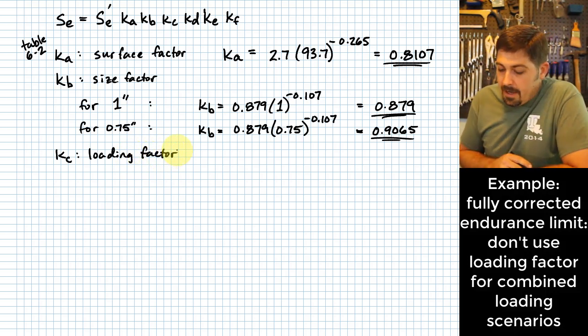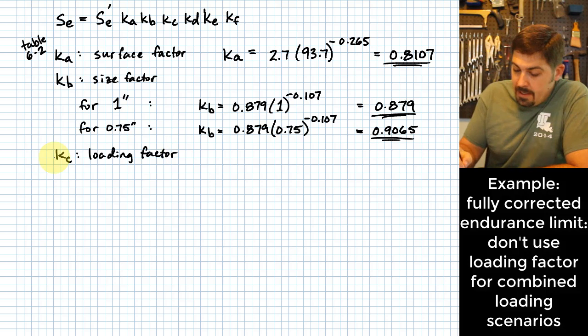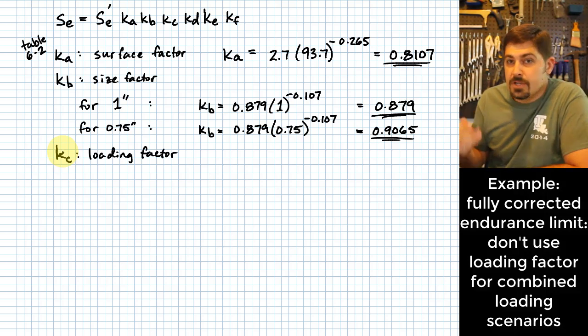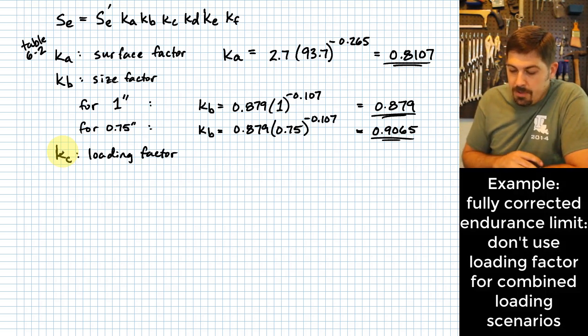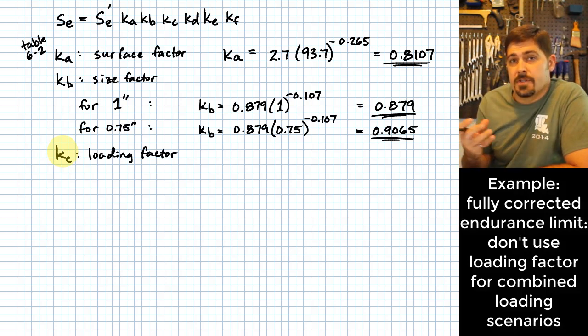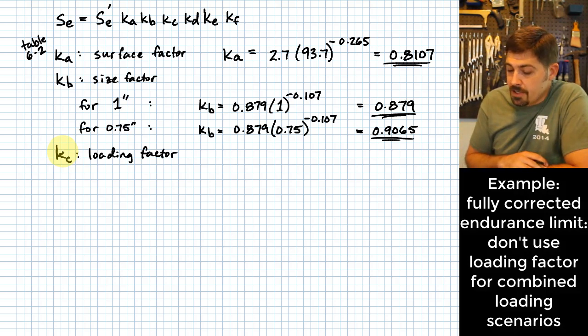All right, now when you are doing a combined loading type of scenario like we are here, meaning we don't just have bending, we don't just have torsion, we don't just have axial, we have a combination of torsion and flexure. And those equations that we use, this DE ASME elliptic equation that we started with up there, takes that into account, uses this combined loading type of formulation.